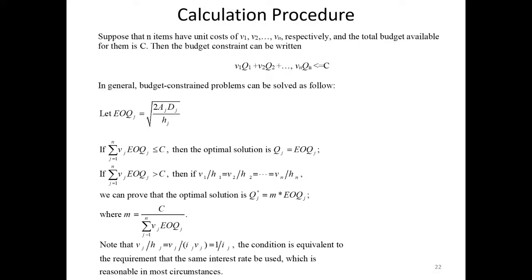The general procedure used for treating the resource constraint multiple EOQ models is as follows. First, suppose that n items have unit costs of V1, V2, up to Vn, and these unit costs can be replaced by unit volume or unit weight.